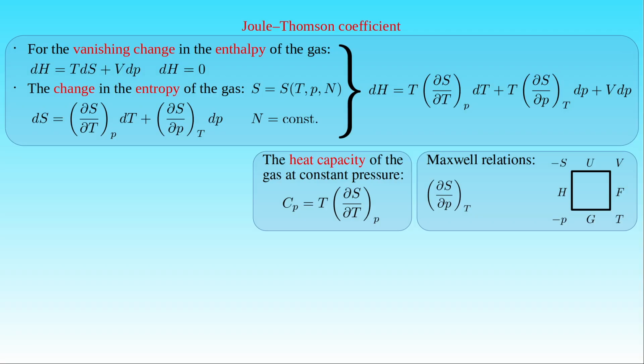If we rotate our position at the corner of the entropy S counterclockwise, then we reach the pressure P at the adjacent corner, which is applied as the independent variable in the derivative of the entropy. A further rotation gives the position of the temperature T, which serves as the constant parameter of the derivative of the entropy with respect to the pressure. For the partial derivative of the volume V on the right-hand side of the relation, we rotate our position at the volume V clockwise and select the temperature T as the independent variable in the derivative of the volume.